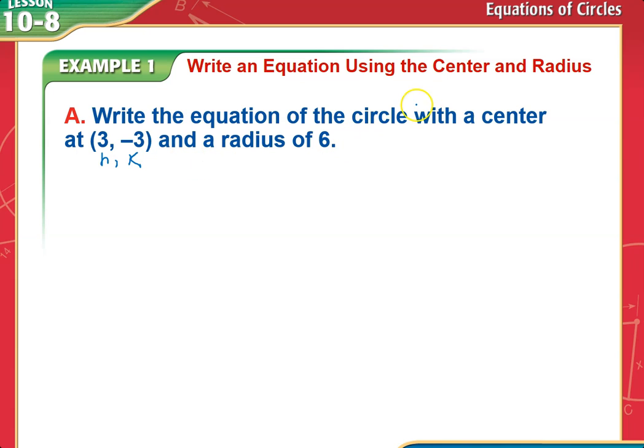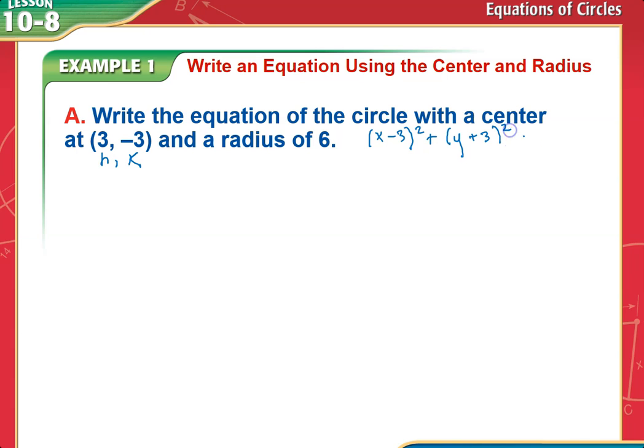So when we say x minus h, we're going to have x minus 3, and then we're going to square that, and then we're going to add the next piece, y minus k, but since k is -3, we can say y minus -3, or y plus 3, double negative.